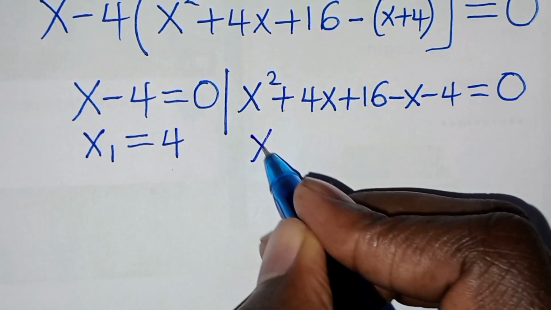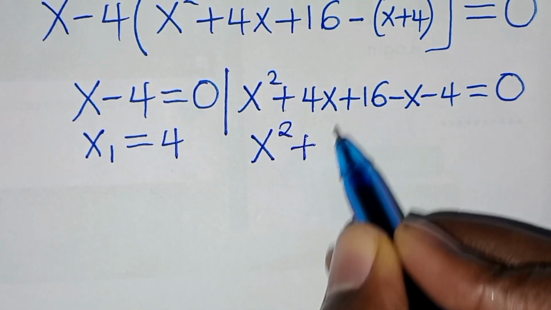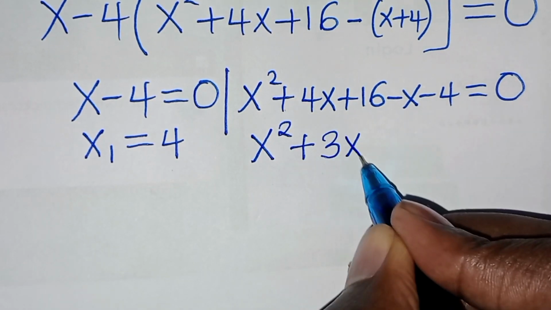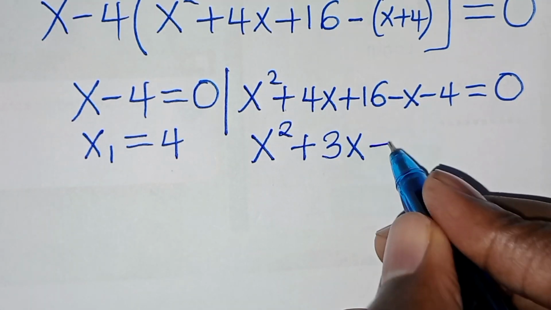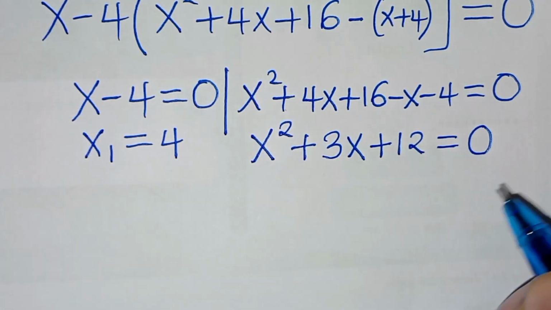For the second part, let's form a quadratic equation. We have x squared, then plus 4x minus x, this is 3x, then 16 minus 4, this is plus 12, equal to 0.